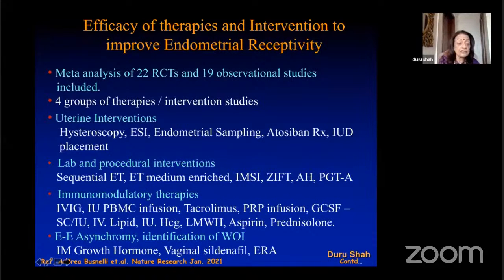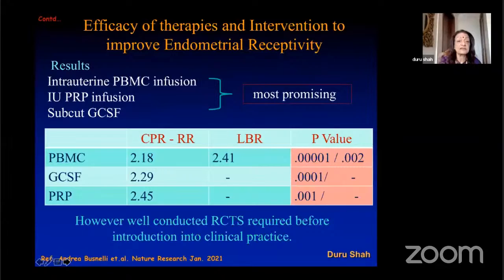So putting all these 4 groups together, the conclusions of the study were that it is the intrauterine PBMC infusion or the PRP infusion and the subcutaneous GCSF which seems to be the most promising. And they gave an overall 2 times higher clinical pregnancy rate and live birth rate, statistically significant for PBMC and for all 3 of them.